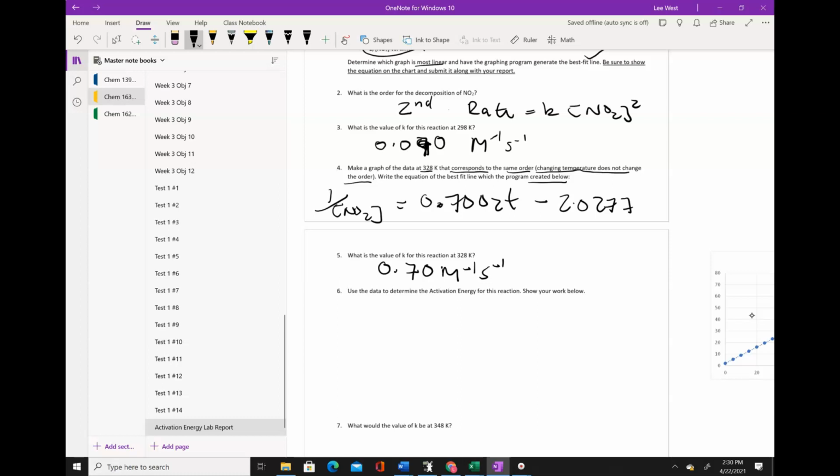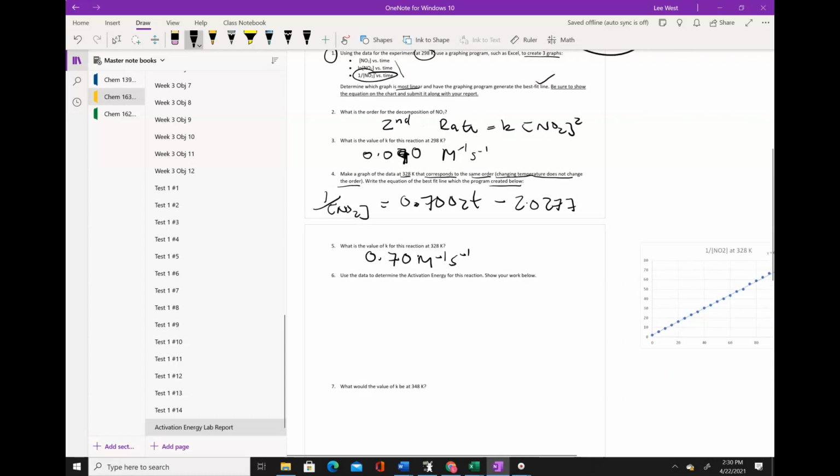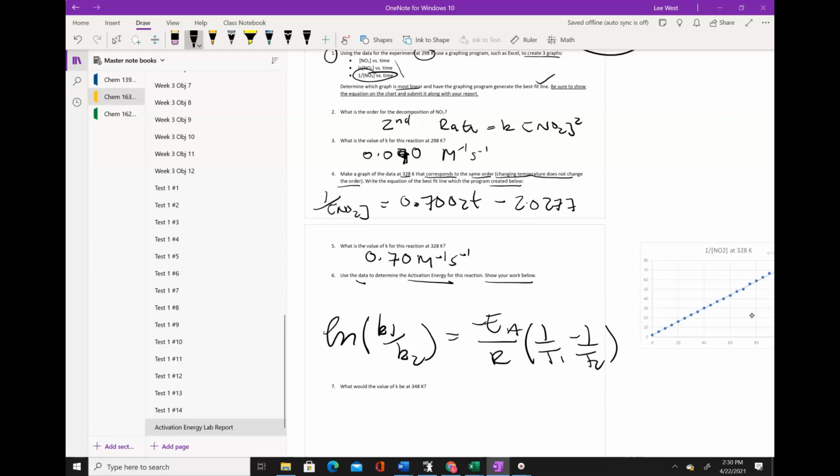There we go. All right, so that should get you going. Now it says use the data to determine the activation energy for the reaction. Show your work below. So I'll just explain how I would tackle this. We can use the 2-point form of the Arrhenius equation, and then we will be able to solve for the activation energy.